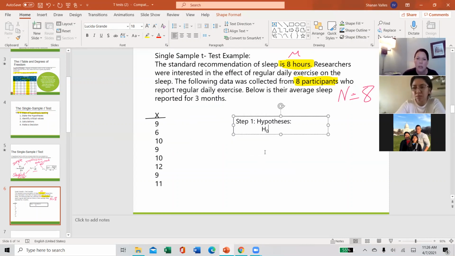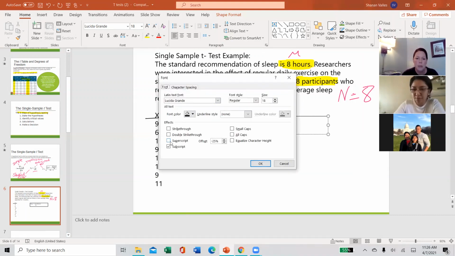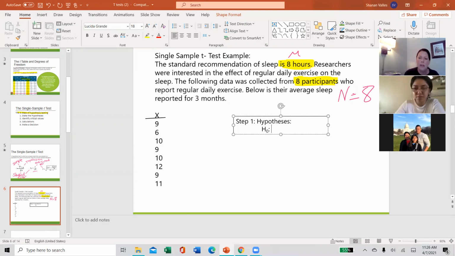H0, remember it looks like ho, okay? But it really is just H0 for the null. All right, now the null hypothesis, remember null meaning 0, zip, zilch, nada. He says that there is going to be no difference, okay?